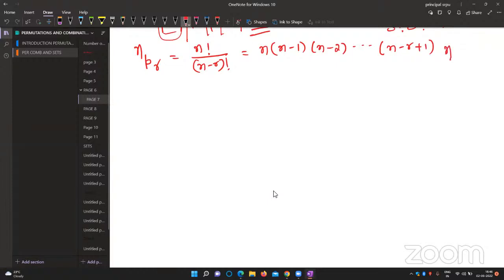So nP0 is equal to 1. nPn, in permutations, both the top number and the bottom number are equal, the answer is n factorial. This we are already aware of.